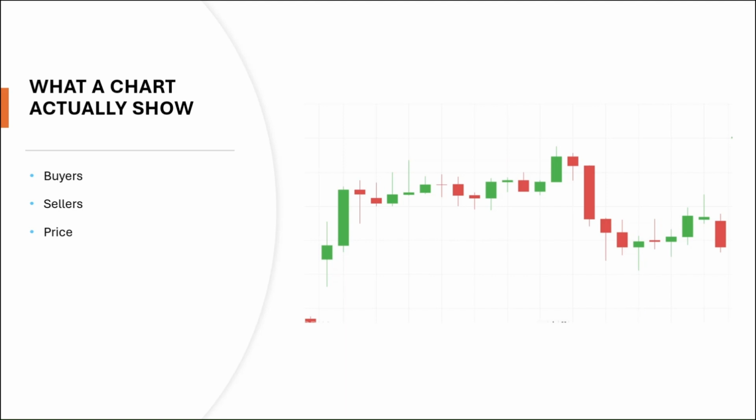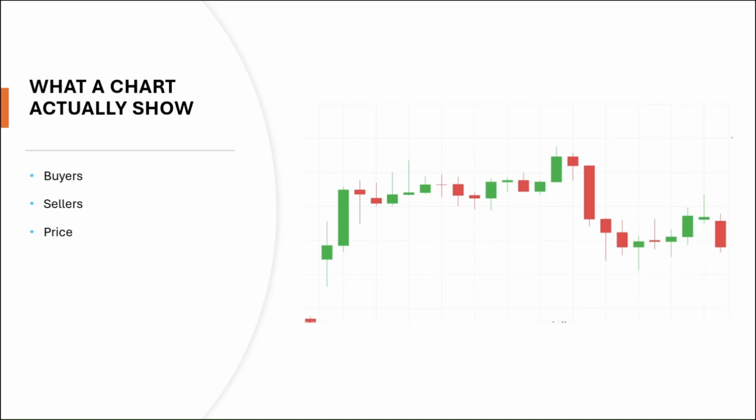So what does a chart show? A chart shows buyers, sellers and the price. A stock chart is simply a picture of price over time. That's all. It is not predicting the future. It is showing what already happened.